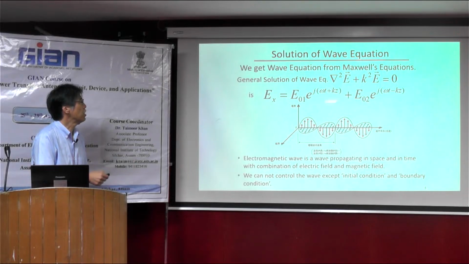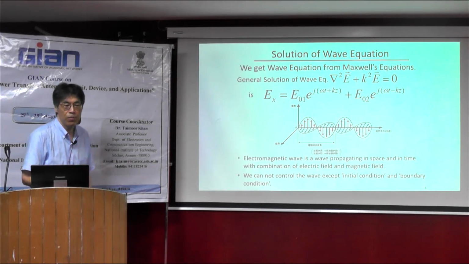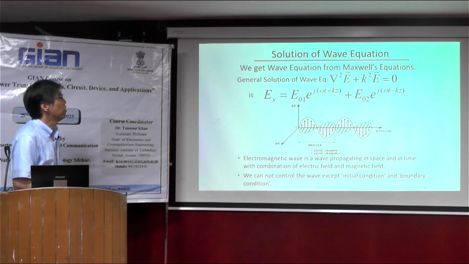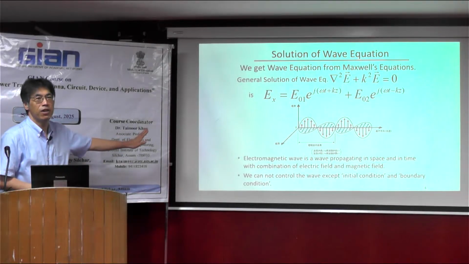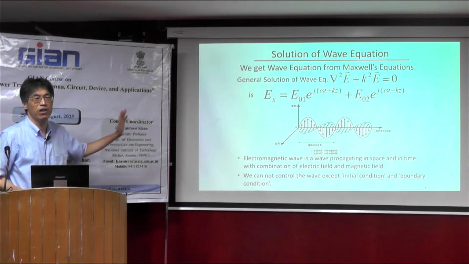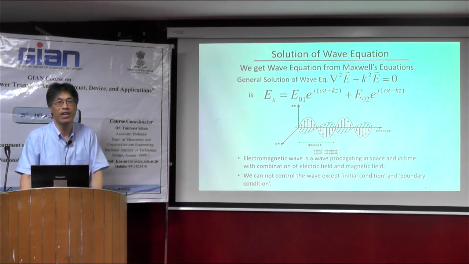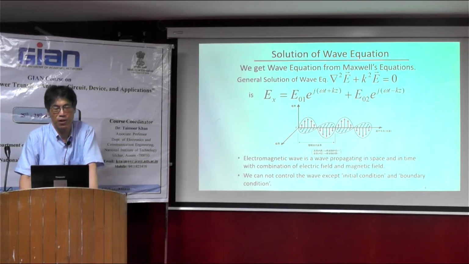So this wave radiation propagates by change in time and in space, both. So this is a solution of the wave equation. Please remember it. This is a very basic examination in Japan and maybe in the world, transformation from the Maxwell equations.